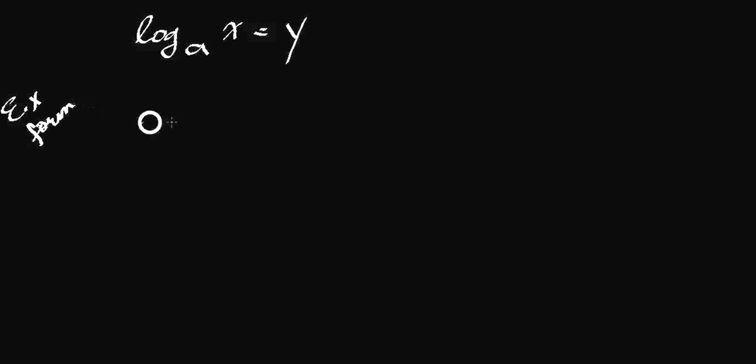I'm just going to write log base A of x equals some variable, say y, because we are used to y. Now what I'm going to do is rewrite this in exponential form. Okay? So if I write it in exponential form, this will look like this.